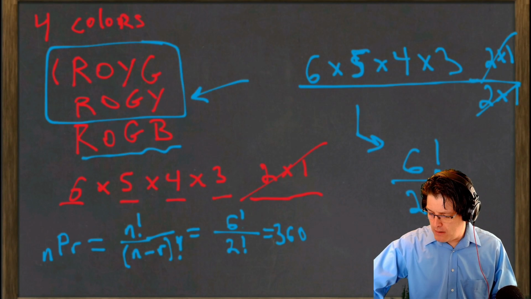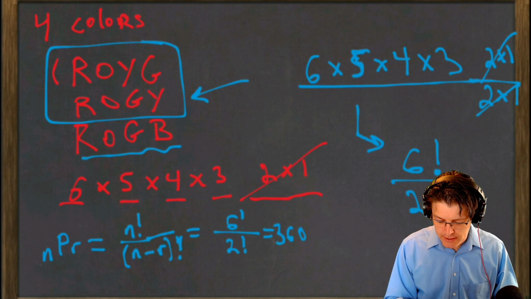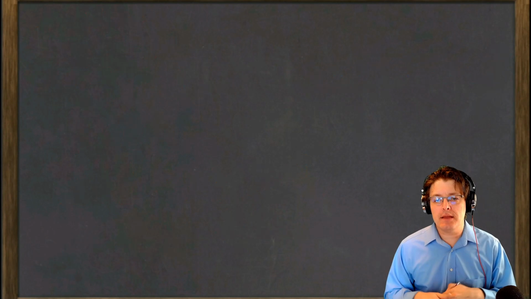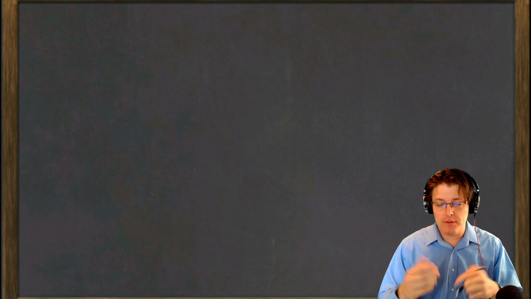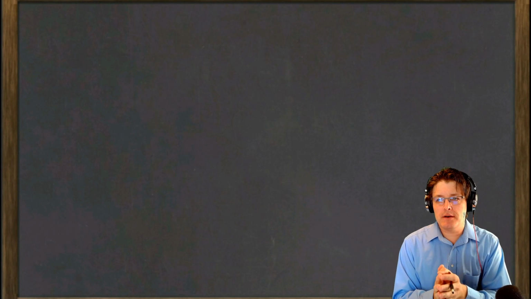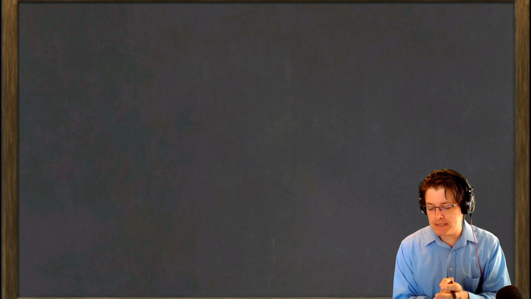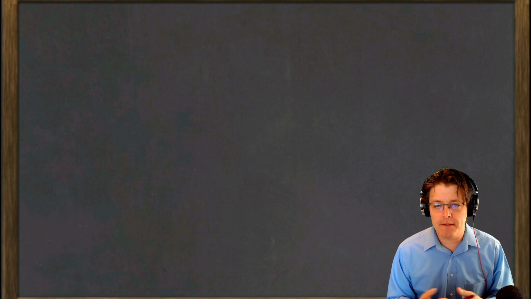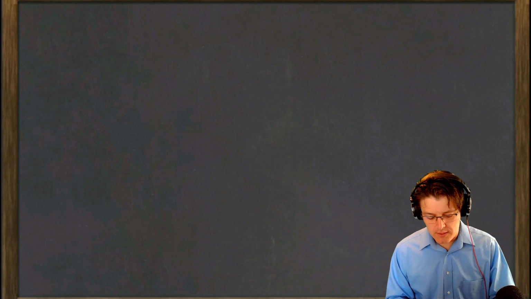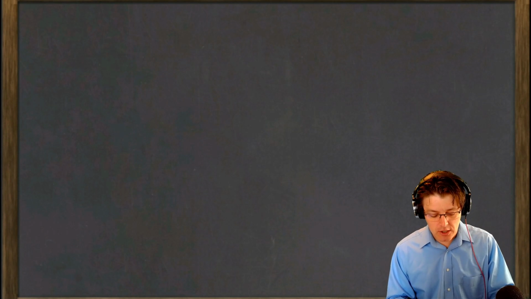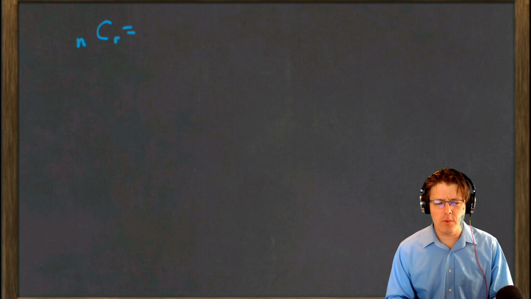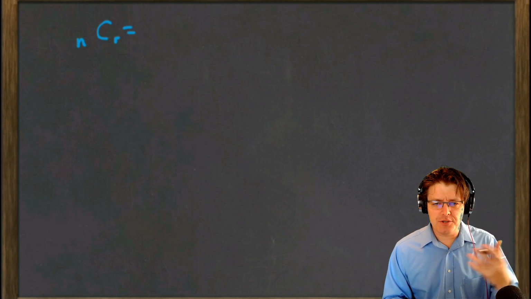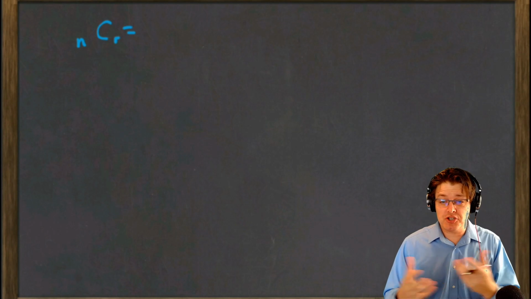It turns out that the share that is doubled up is connected to the number of options we're choosing. So all we have to do is include that last little piece. Again, it's n choose r, that's the way we usually refer to it, in this case 6 choose 4.